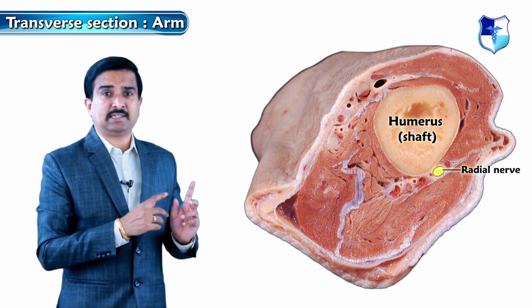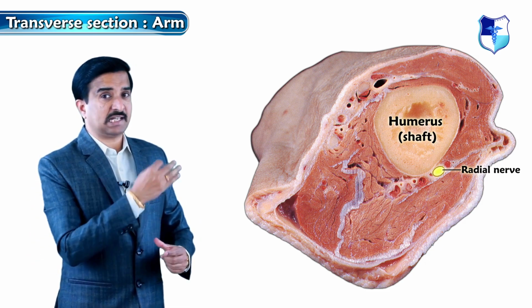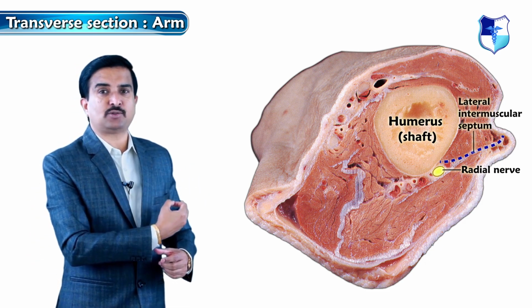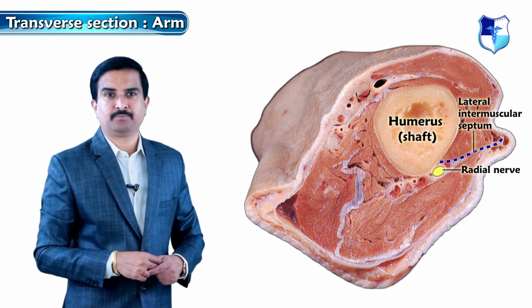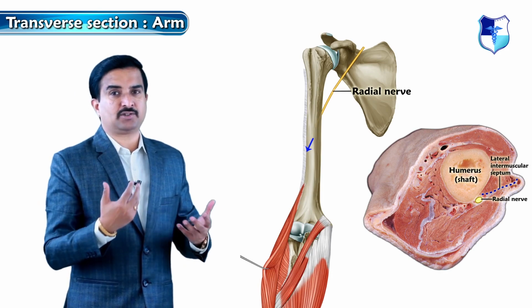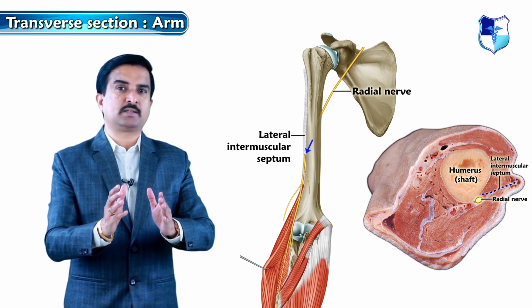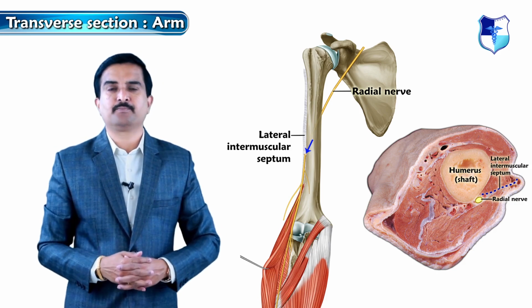You can clearly see here and try to identify the radial nerve, which lies close to the lateral intermuscular septum. In its further course, the radial nerve pierces the lateral intermuscular septum to come forward towards the lateral side of the arm.